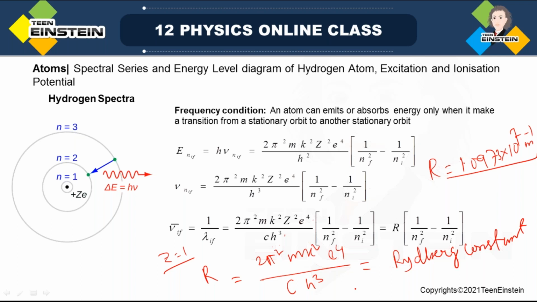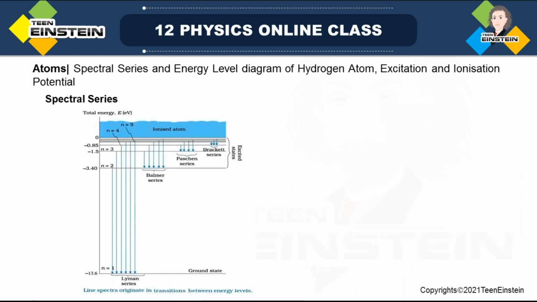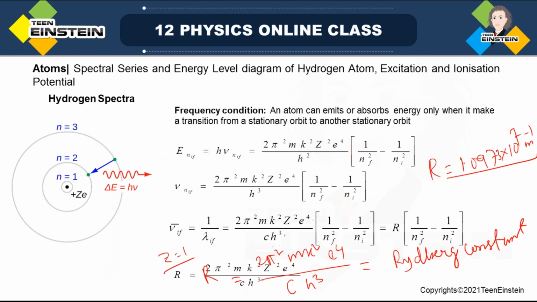Now we'll see various spectral series. So what is a spectral series? Actually, long back, when the quantum hypothesis had not been given by Bohr, even then Balmer had given an empirical formula, which we have just now learnt.